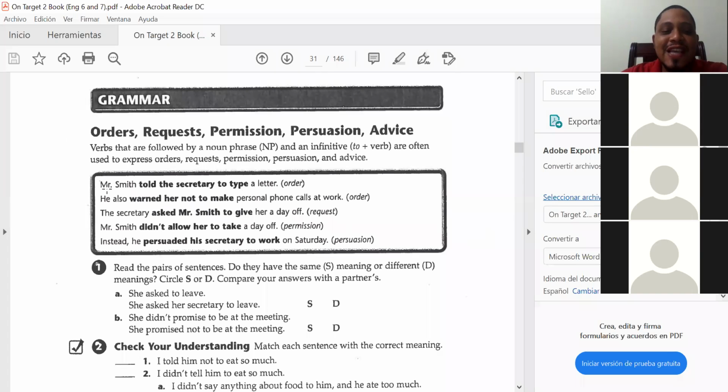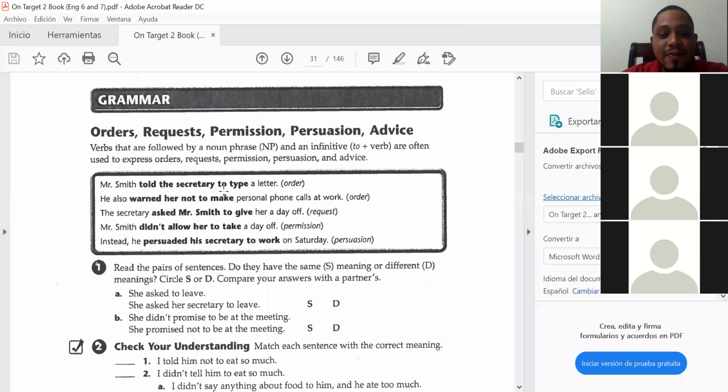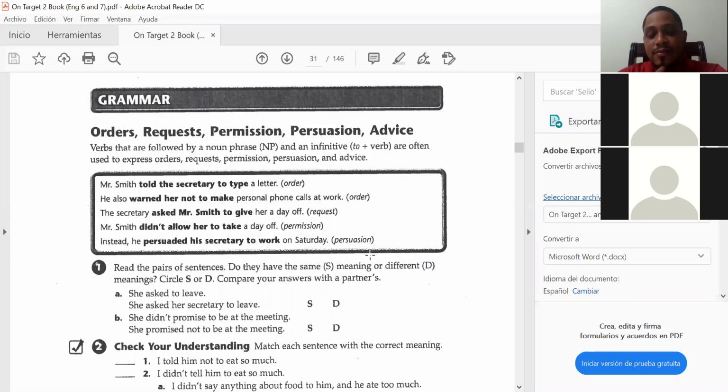Look at the first sentence here. Don't pay attention to order, no. Pay attention to the sentence. And tell me, what do you see in black, in bold? Can anybody tell me what you see in black in this sentence, the first one? I see an action, teacher. You see an action. Can you read what you see in black?